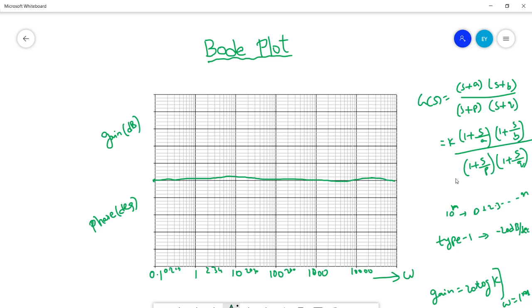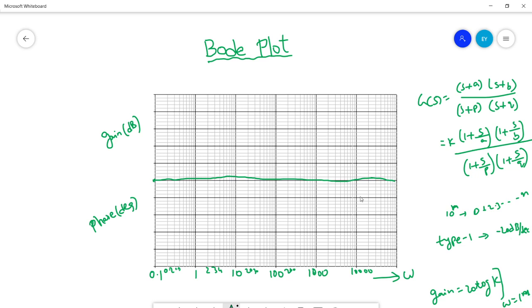Based on how many poles you have, you will be varying with minus 20 dB per decade, going down. When you have zeros, you will go to positive 20 dB per decade. So based on the transfer function we need to select.